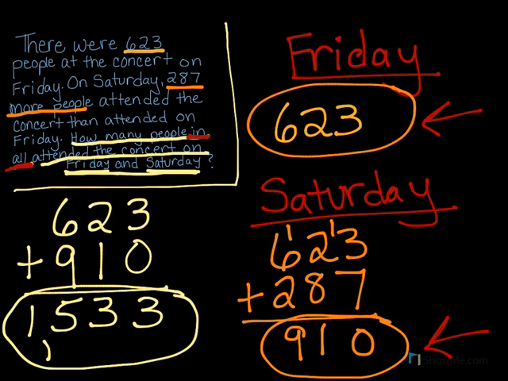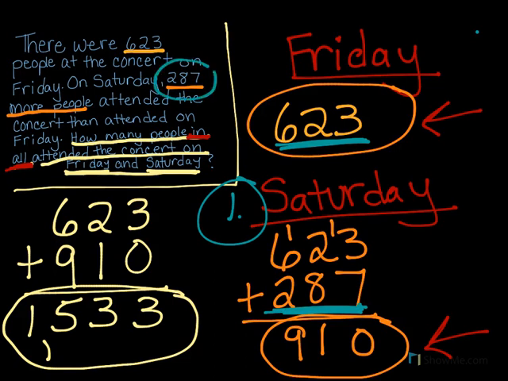I know this is a two-step problem because my first step, I did not know how many people attended Saturday. All the problem told me was that 287 more people attended. So my first step, I had to add 623 to 287. So I had to add Friday to the 287 more people.